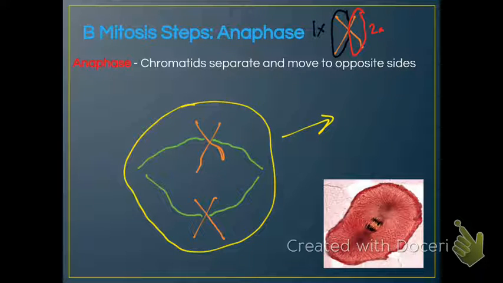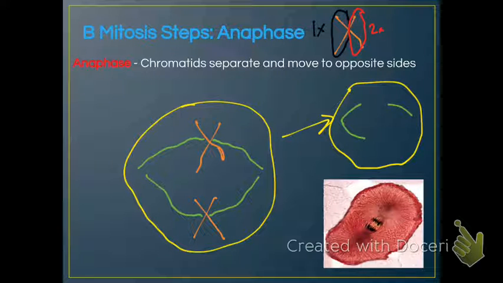So what happens is the spindle fiber actually pulls apart. So here, it pulls apart. It separates the chromosome. So now you have one chromatid here and the other chromatid here, right? And so now it's good though, because remember these are copies.